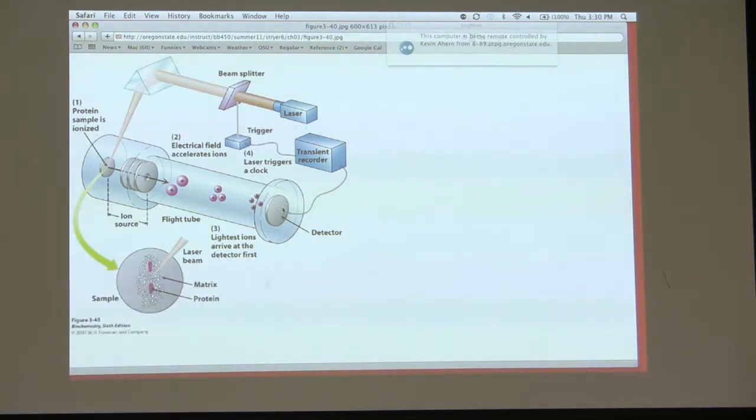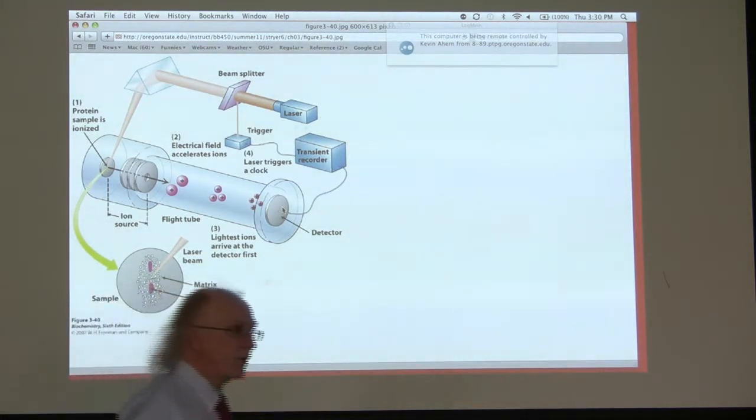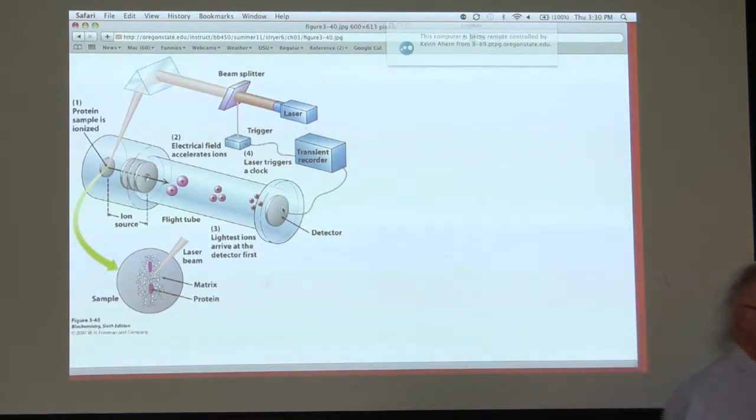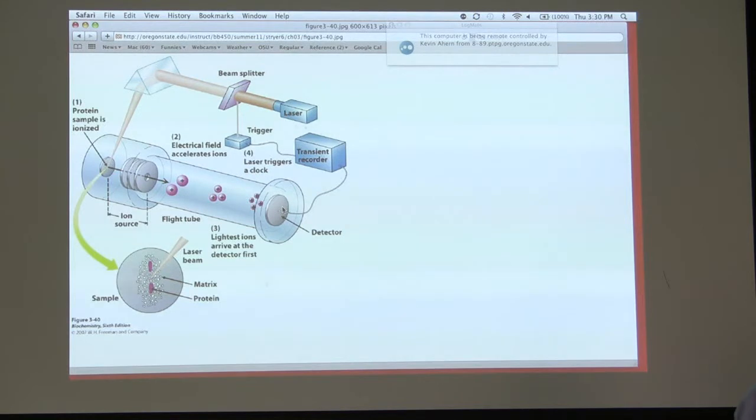If I know the mass of something like that very carefully, and I know the starting material that comprises it, let's say, well, this is a protein, so the starting material that comprises it has got to be amino acids, and each amino acid has its own distinctive molecular weight, I can ask a computer to say, which amino acids add up to 1032.71? Right? So with MALDI-TOF, I can actually get information about which amino acids are in a given fragment. That's really useful.